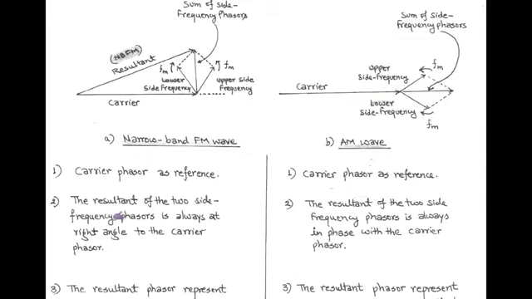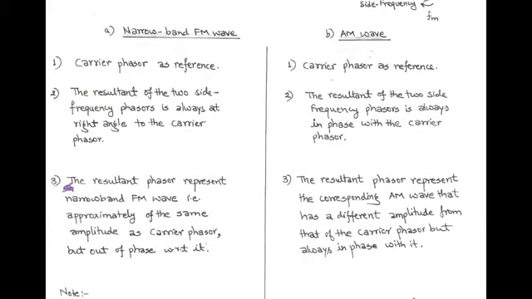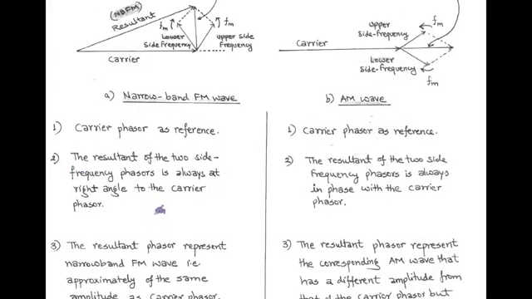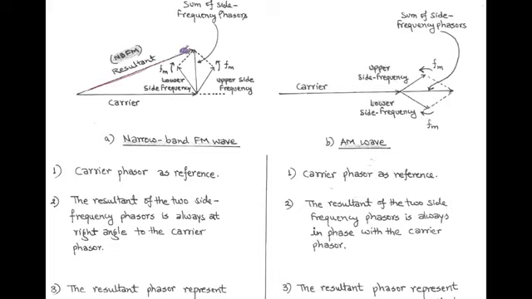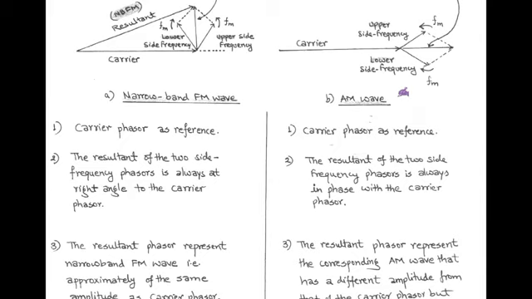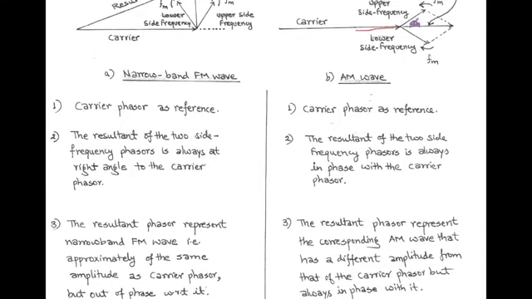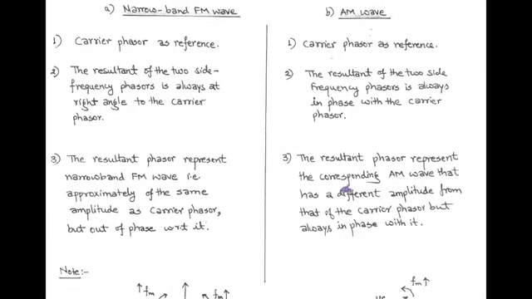And the third point is, in narrowband FM, the amplitude of the resultant phasor is approximately the same as the carrier amplitude, but always out of phase with respect to the reference. While in the case of AM, the resultant phasor amplitude is different as compared to the carrier reference phasor, but in this case, it is always in the same phase.